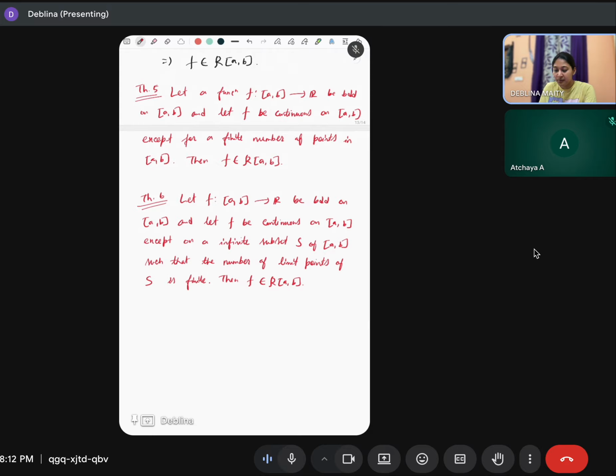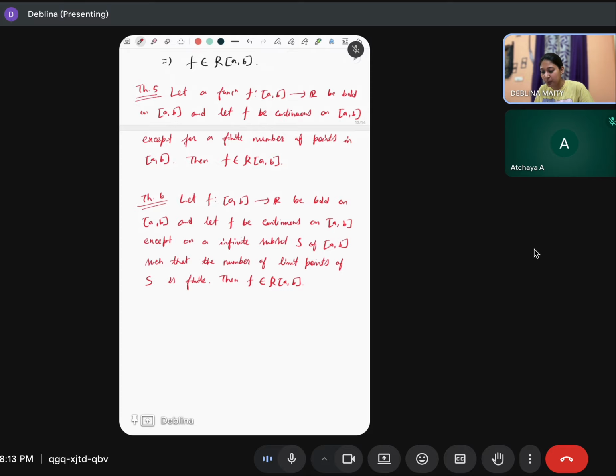So this theorem says if f is continuous except for an infinite number of points in [a, b], and if the limit points of that set are finite, then f is Riemann integrable, right?